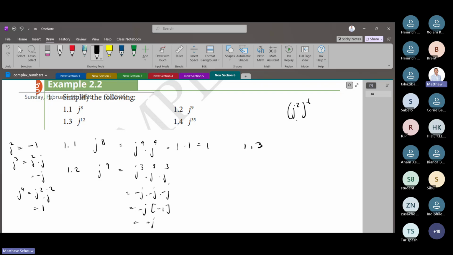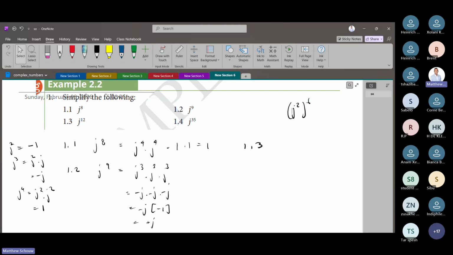And that'll be -1 to the power 6. That's a positive index. If that's an even index, therefore you end up with 1. It should be 1. Yes, 1. That's what I said. It should be the same as that of J9. Exactly, it's 1. Try the next one.